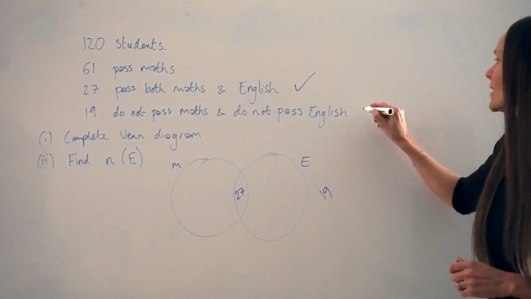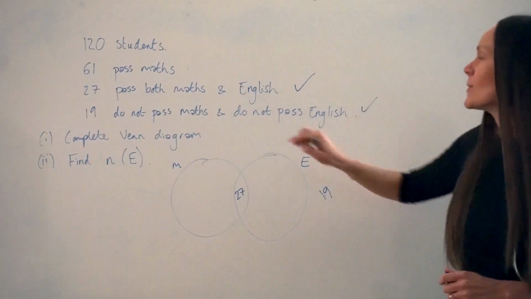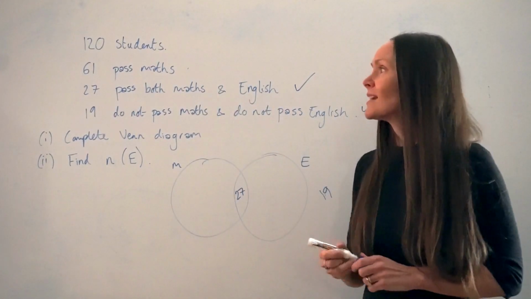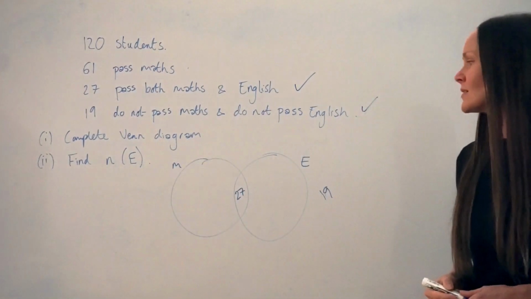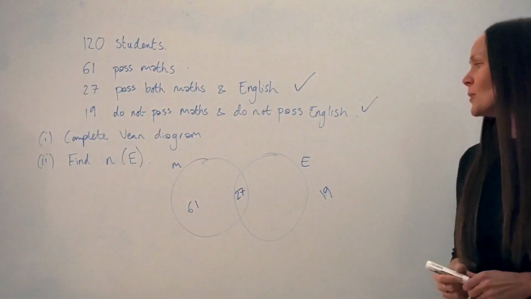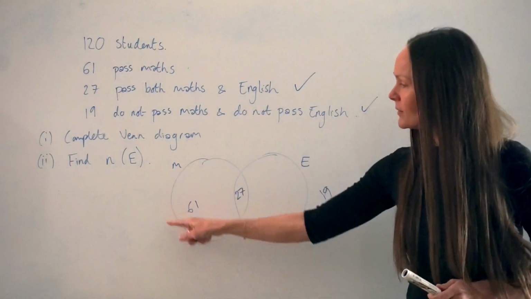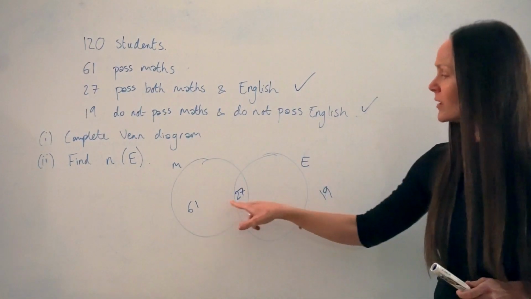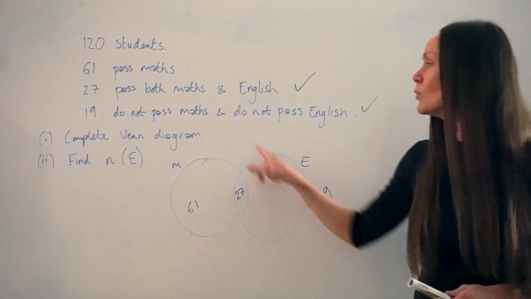Okay? Next, if we look at this information here, we're told that 61 students pass maths. Okay, so be careful, you can't just write 61 here. Because if you look now on the diagram, in circle M you have 61 plus 27, which is more than 61.